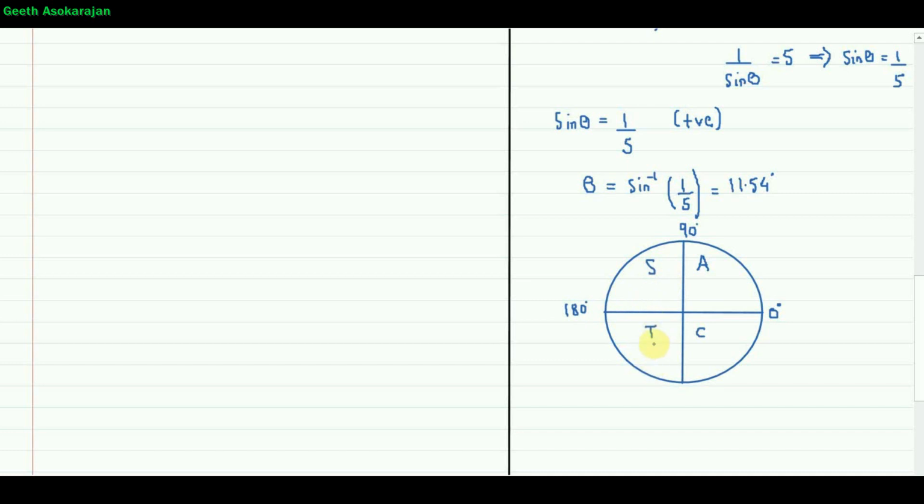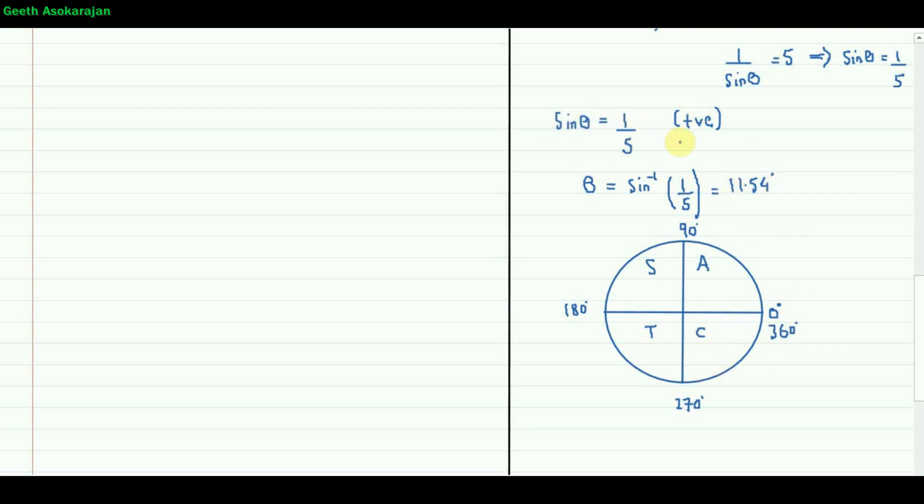This quadrant is labelled T because tan is positive for angles between 180 and 270, and therefore sine and cos are negative in this quadrant. And in the 4th quadrant, it's labelled C because only cos is positive for angles between 270 and 360. Tan and sine, however, are negative in this quadrant.